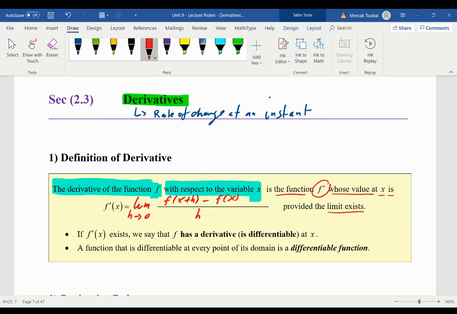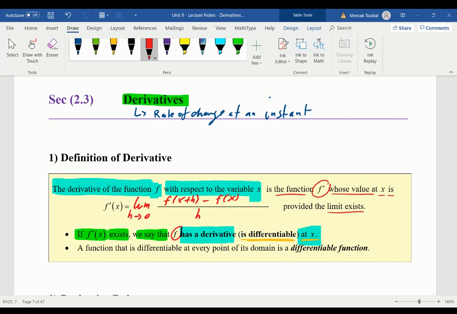So if f prime of x exists, we say that f has a derivative at x, or f is differentiable at x.